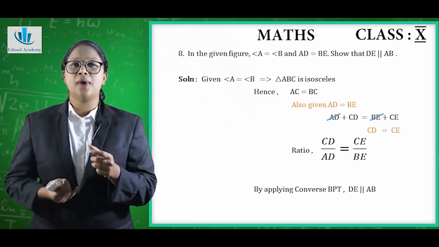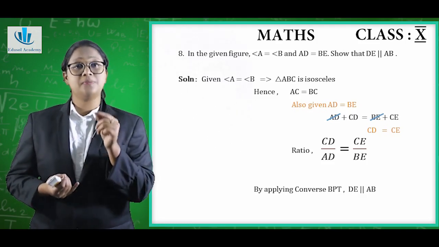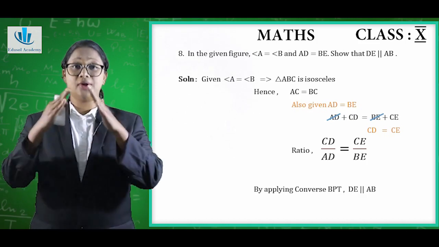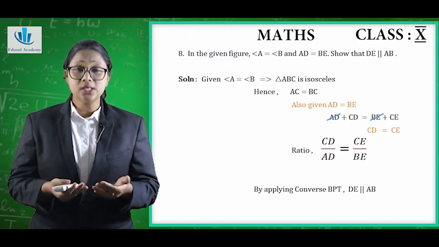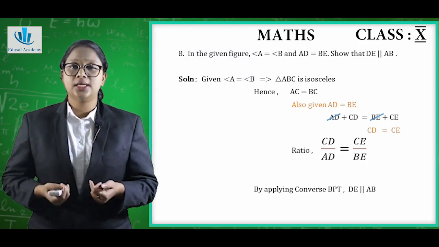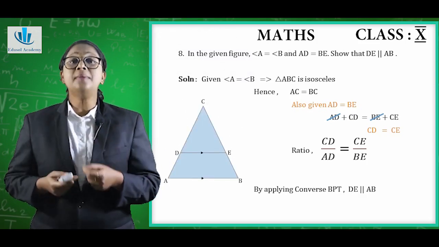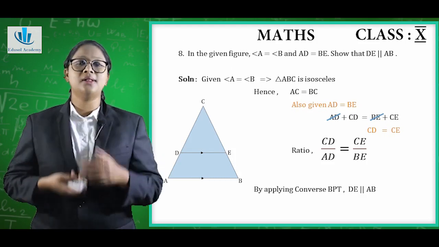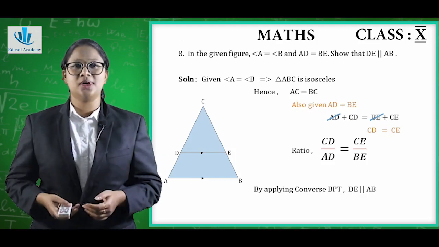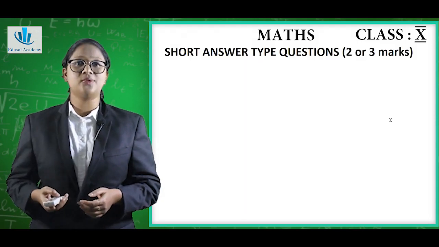And here we are going to apply converse BPT, which means that if the ratios are same, then the lines are parallel. So because CD by AD is equal to CE by BE, we can conclude that DE is parallel to AB, hence proved. That's it for that question.